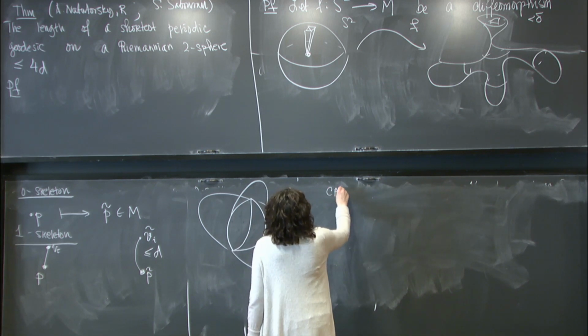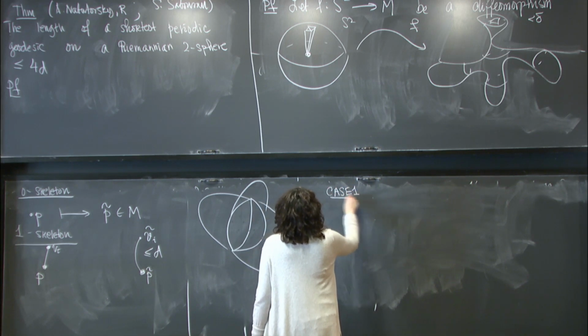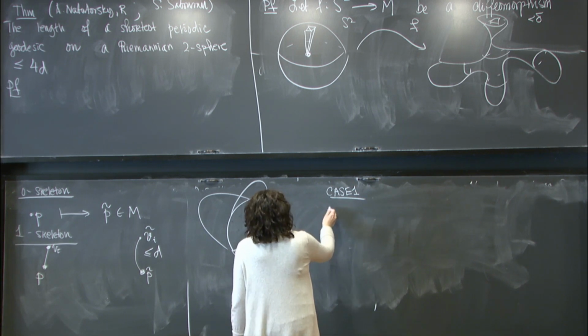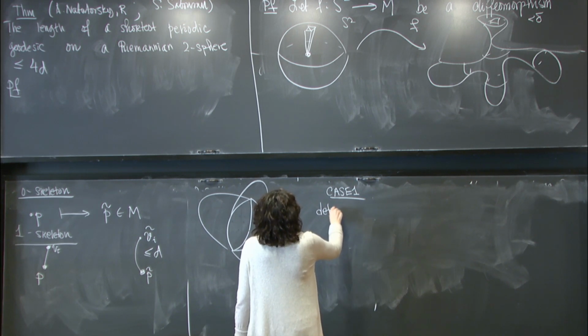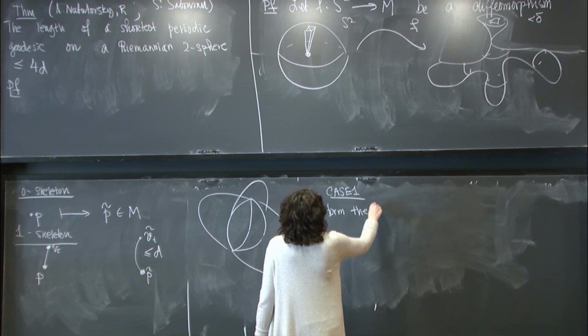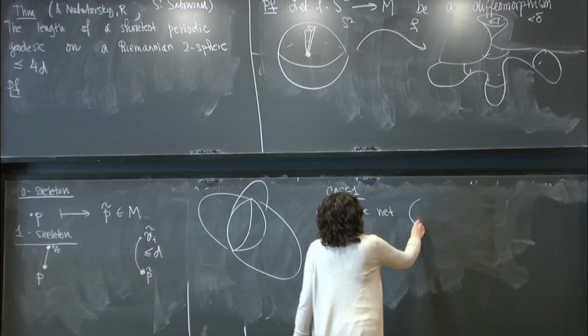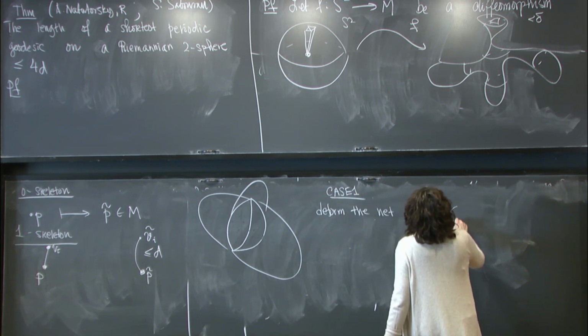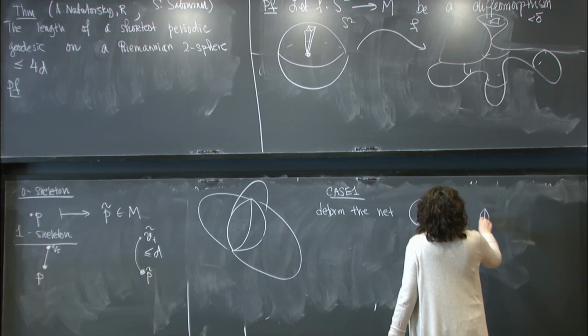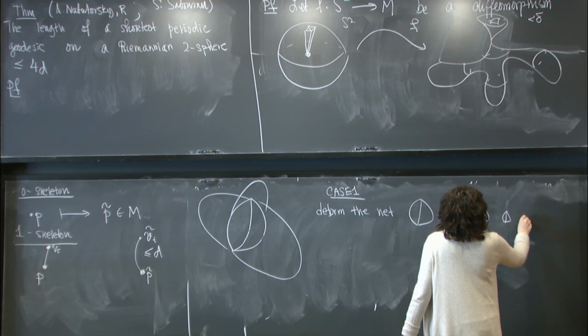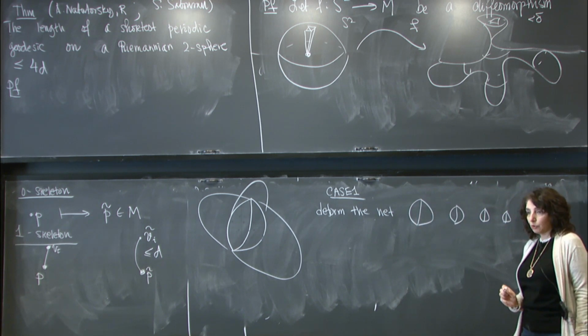So case 1: I am deforming this net, and it gets shorter and shorter until it becomes a point.